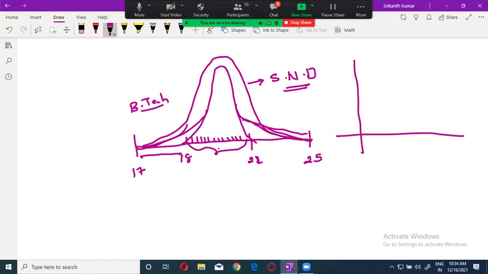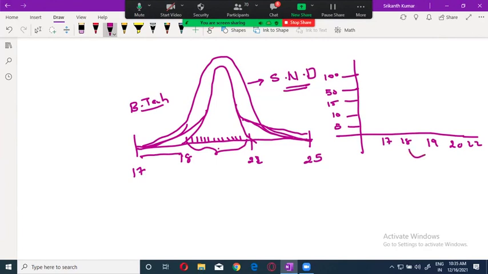Now this is the age group starting from 17, 18, 19, 20, 22 and so on. Now this is the number, maybe 5, 10, 15, here 50 and 100 or something like that I'm giving.